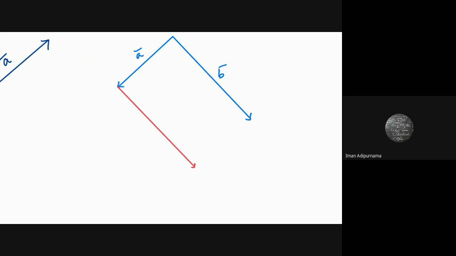We can also call this vector B, and we can see that the resulting vector is this vector A plus B. I hope you understand what it means.